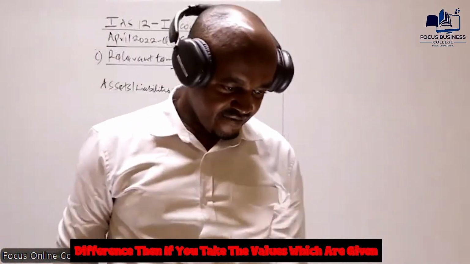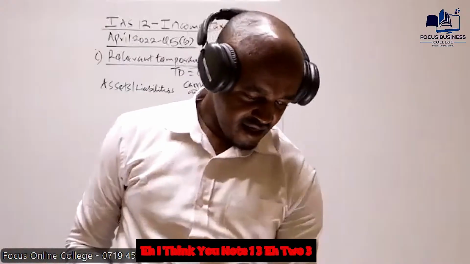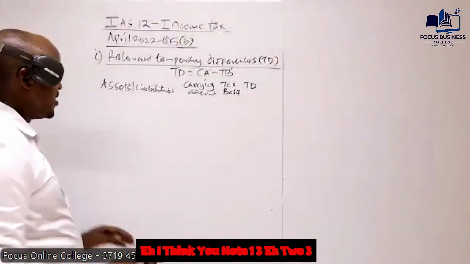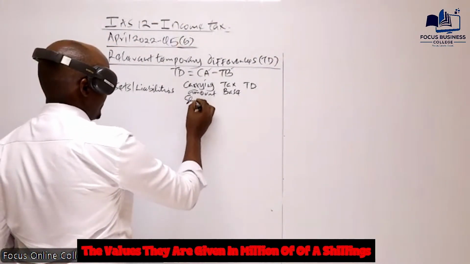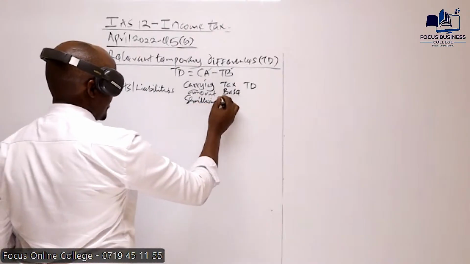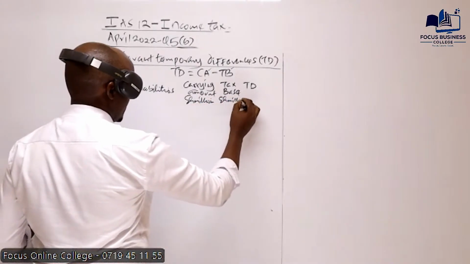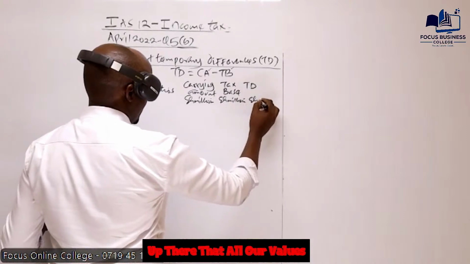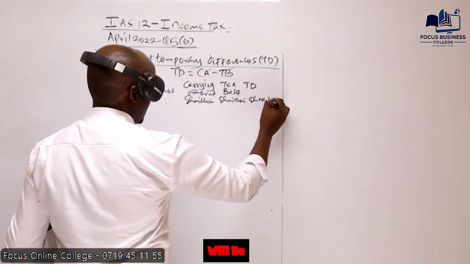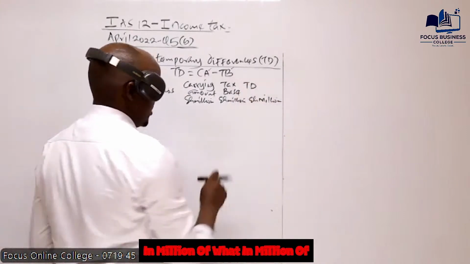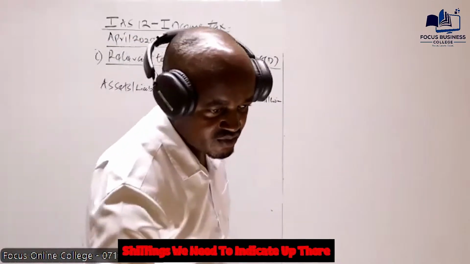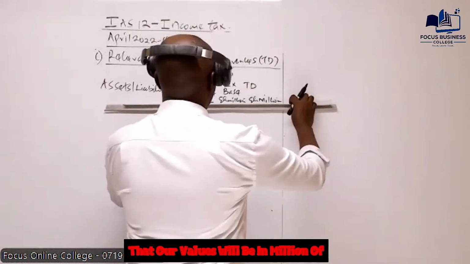The values given in the notes are in millions of shillings. So we will indicate up there that all our values will be in millions of shillings.